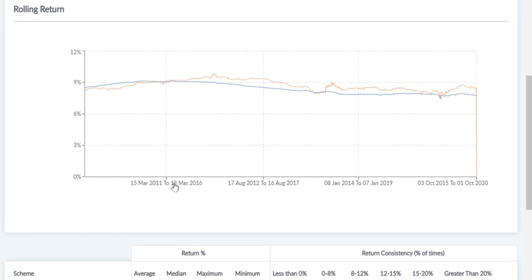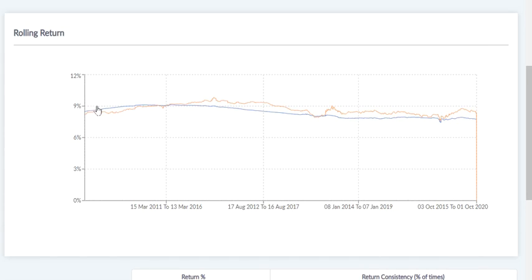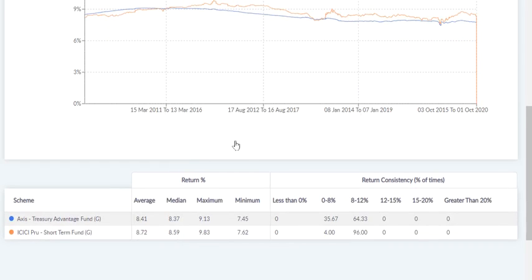Yeah, so you see the lines have further become very smooth. So it's like a 5-year FD now. There is some fluctuation in here. So you see most of the time this orange line is above the blue line here. That means the short term fund performs much better when there is a 5-year horizon, right?